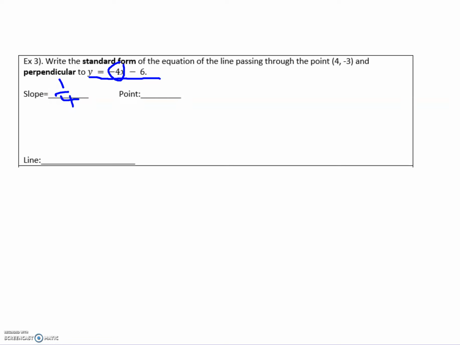And then my point is (4, negative 3). Again, I have a point and a slope, so I'm originally going to write it in point slope form. So it's going to be y plus 3, because it's negative 3, equals 1 over 4 times (x minus 4).